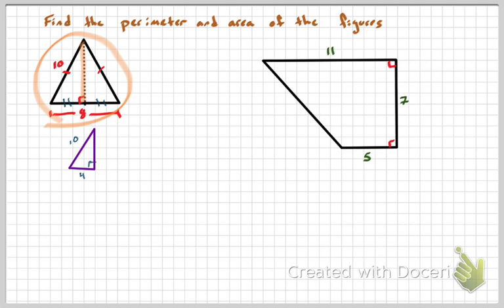And then for the one on the right, we could just make a little rectangle right here. I know this would be 5, I know this would be 7, I know this is a right angle because that's a right angle, and then I can just use Pythagorean theorem to solve for the hypotenuse. Okay? Let me know if you have any questions. It should be pretty straightforward.